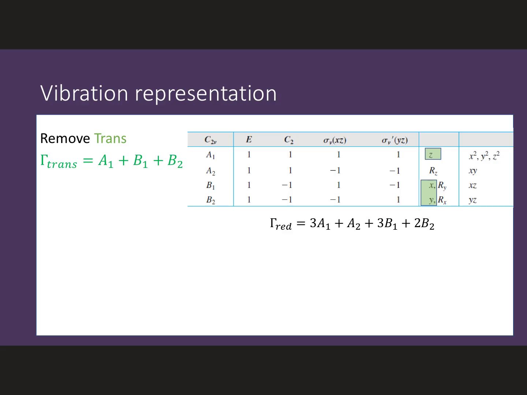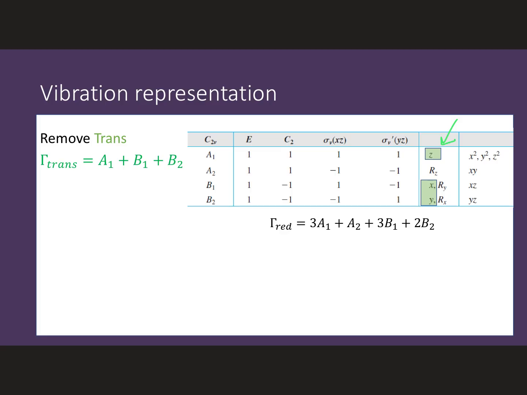First and foremost, let's remove the motions that are described by translational degrees of freedom. The translational degrees of freedom are shown here in green, indicated by the x, y, and z. So the p orbitals transform in the same symmetry as the Cartesian axes do, which is a really interesting piece of information here.